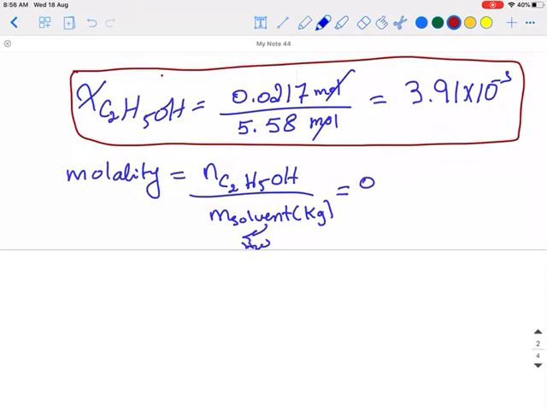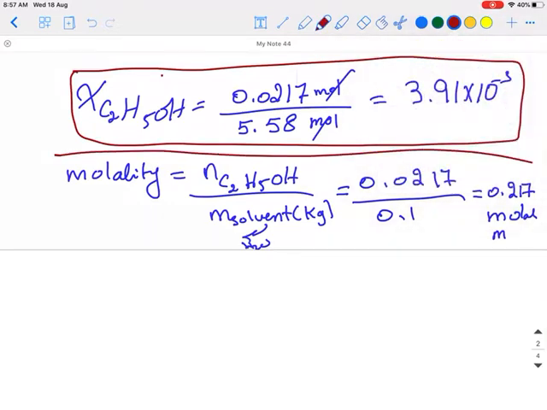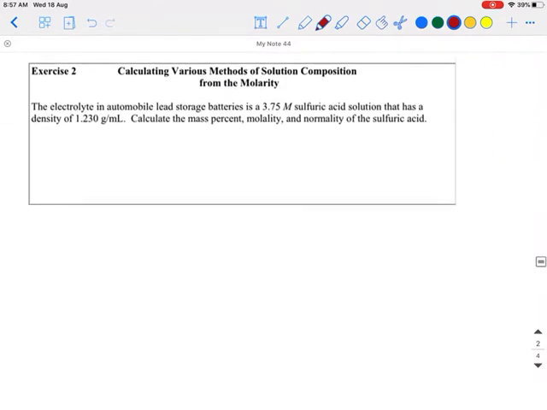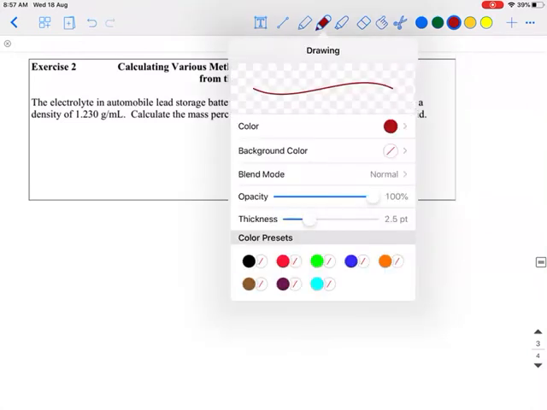So the number of mole we found, 0.0217, over the mass of solvent, which is water, given to us as 100 gram, but it should be in kilo, so 0.1 kilogram, and the answer will be 0.217, and the unit for molality is molal or small m. So like this, we found all the requirements. Let us move on and solve exercise number 2.